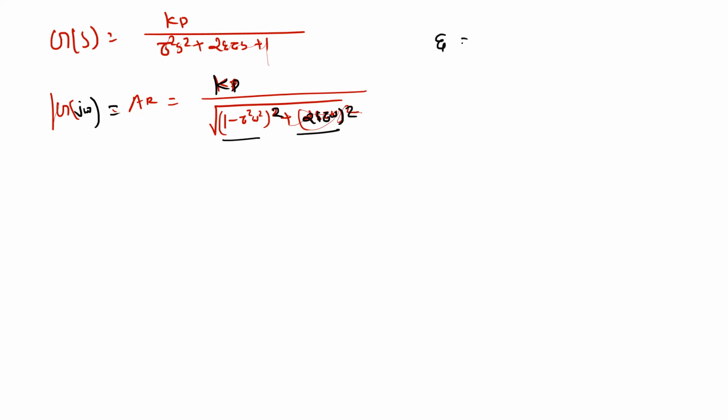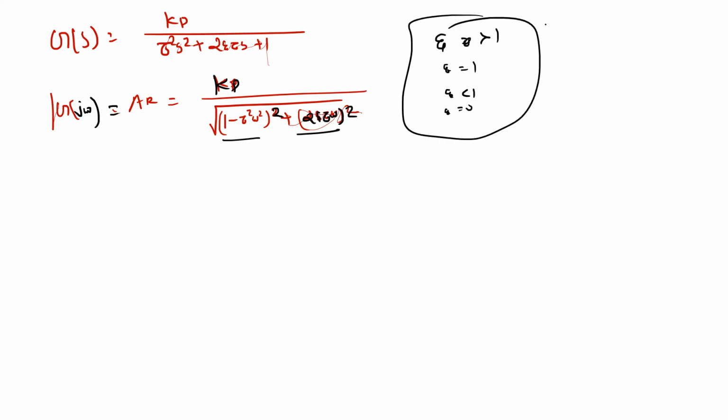And zeta value can be greater than 1, zeta can be equals to 1, zeta can be less than 1, and zeta can be equals to 0. All these things I have told you in the previous lecture. What is the significance of zeta being greater than 1, equals to 1, less than 1, and equals to 0? Do you have any doubt now?